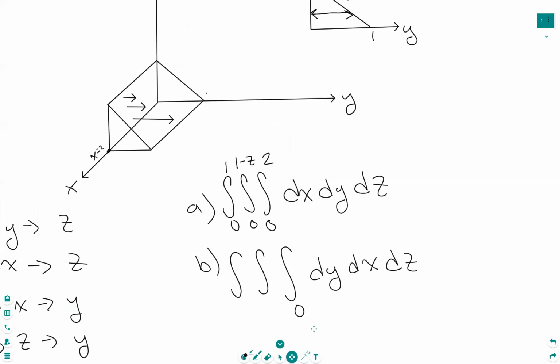So we can say that this is 1 minus z, solving for y. Then our x bounds, the trace in this direction is going to be on the xz plane. So on the xz plane, we have just this rectangle, right? And x goes from 0 to 2, and z goes from 0 to 1. So this is how we write this volume in this dy, dx, dz.